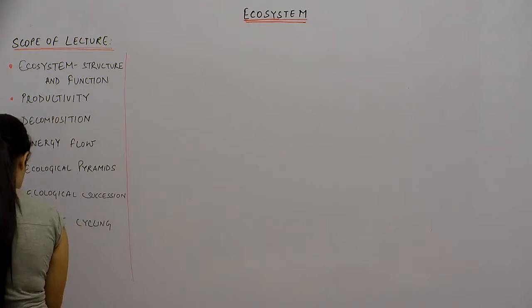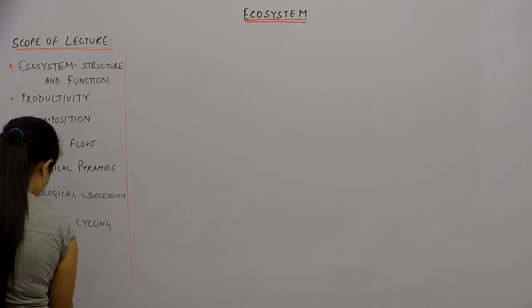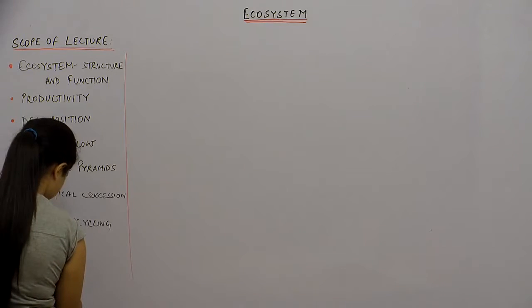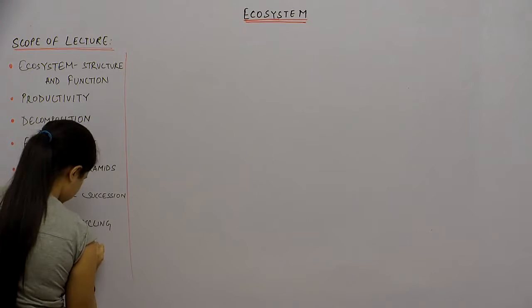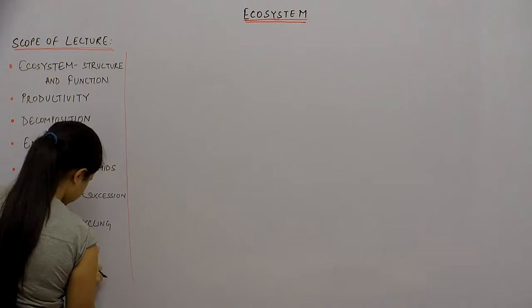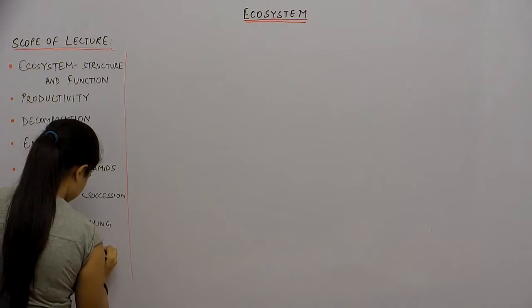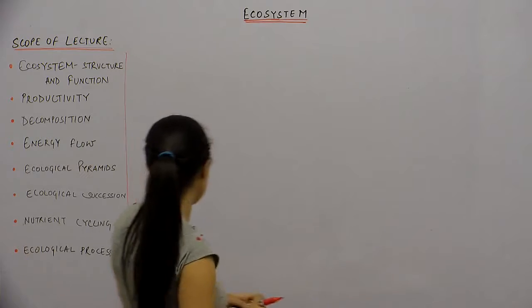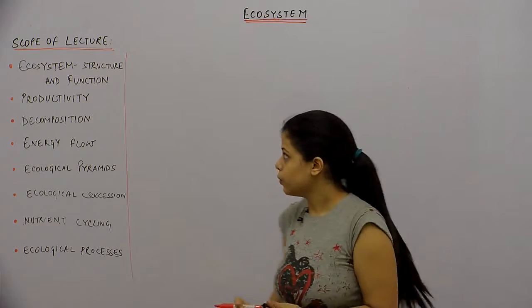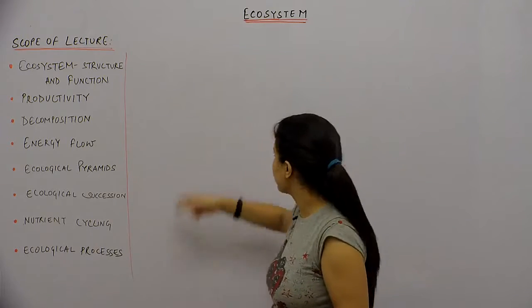And the last one is ecological processes. Okay, so as you can read here, these are our 8 subtopics for this chapter.